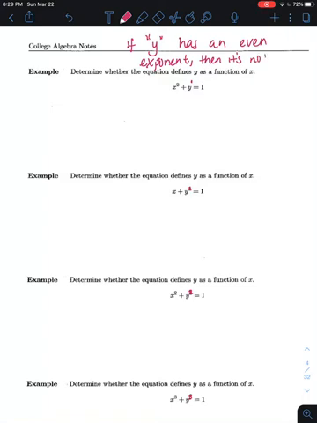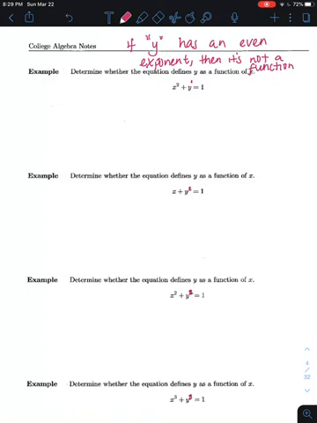This would be a good example to look at using the equation, and then we'll also look at it using the graph, like we did before when I talked about the vertical line test. So let's just see if we are correct.